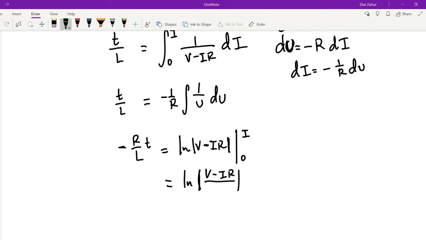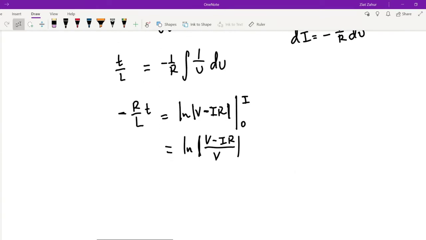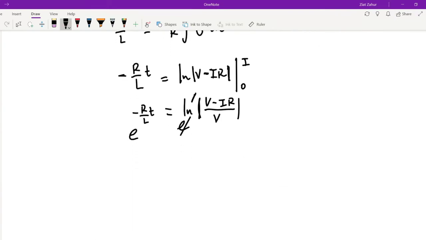There's still a V there. So, V. Okay, just exponentiate. Boom, boom. There we go. Take care of the ln.